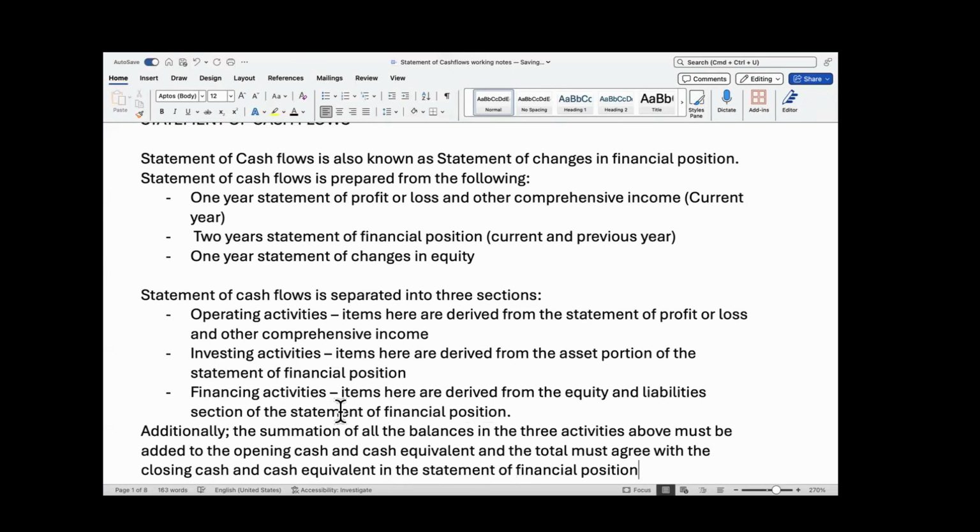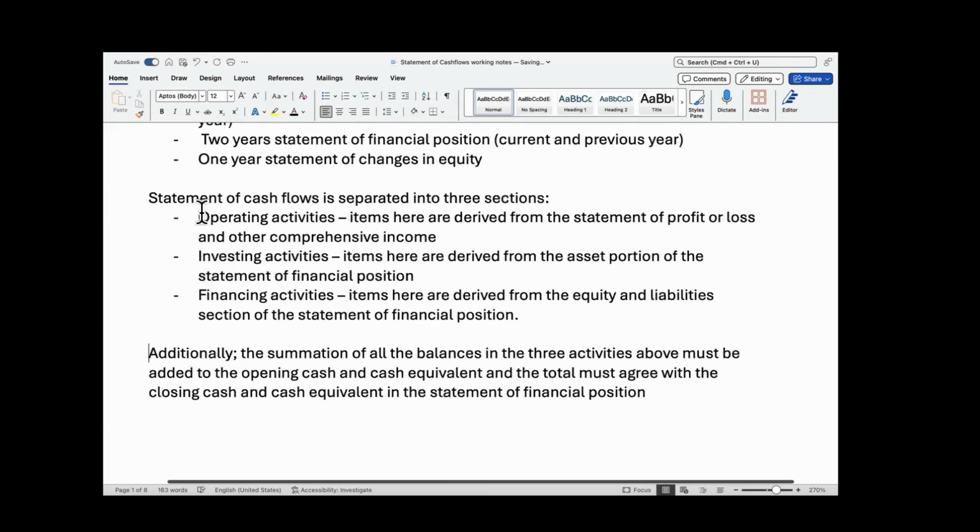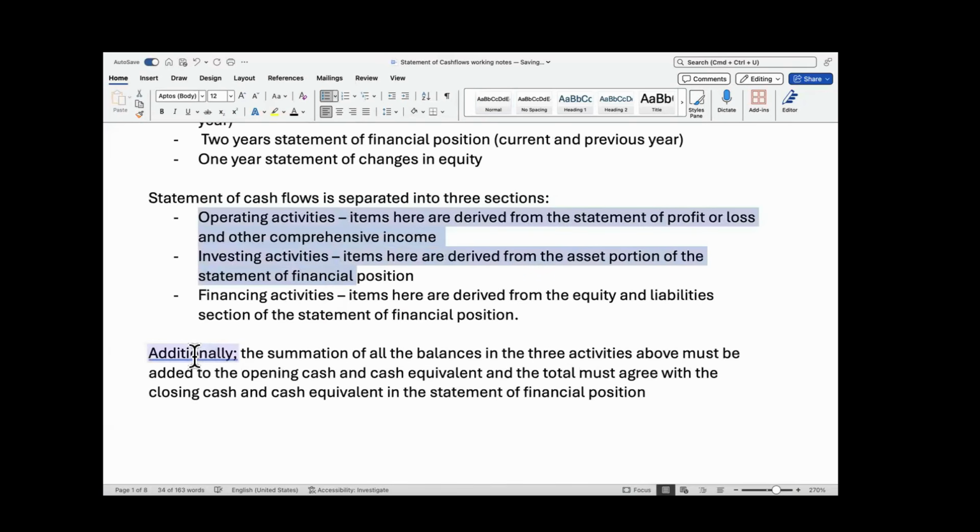You will see that after we have prepared all the items in these activities, we will then do a kind of reconciliation to check that we have captured all the items. So we will do a summation of all the balances in the operating activities, investing activities, and financing activities.